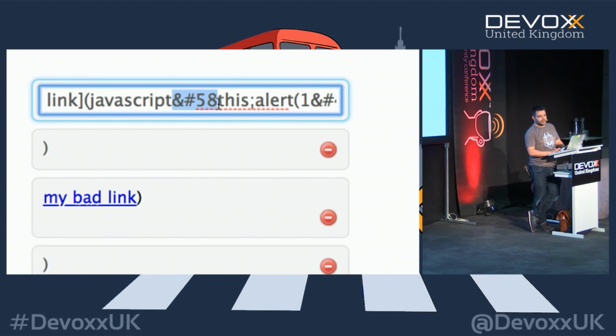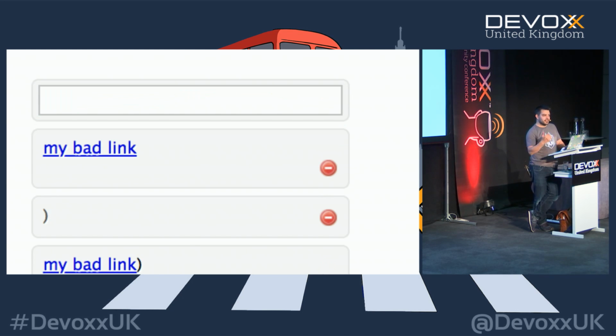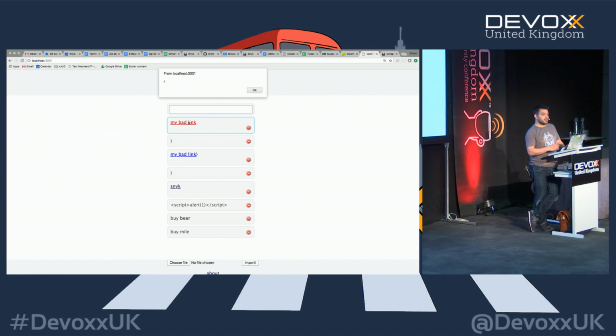But the browser is both clever and stupid at the same time. It's clever because it thinks, I can just about see what you're trying to do there. I'm going to show this as a colon because I think that's what you're trying to do. So if I run this, all of a sudden we get our bad link. And if I click on that bad link, we get our alert.